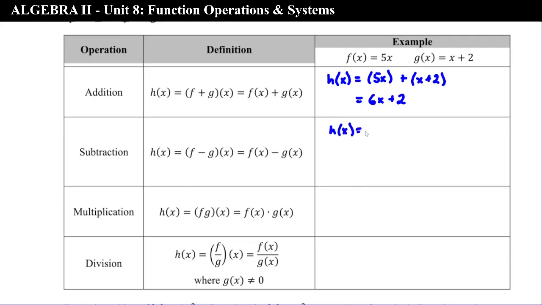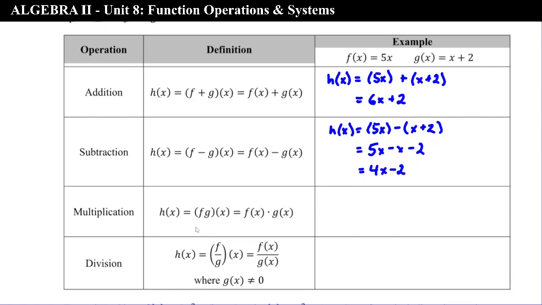You've got h of x equals f of x minus g of x. And this is where you have to be very careful, because remember, this minus sign distributes. So we have 5x minus x minus 2. 5x minus x gives you 4x, and then you have minus 2 on the end.